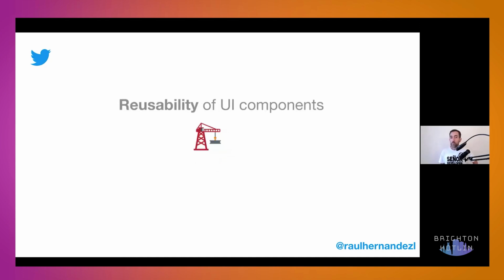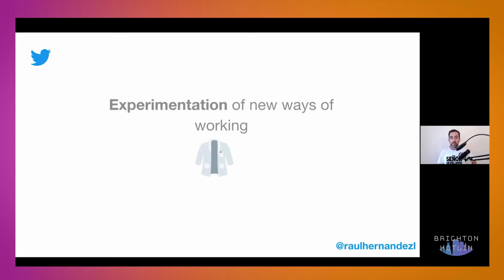Reusability of UI components, because you can create very generic components in Compose that can be very easily extended and added to the stack. This was super difficult to achieve with imperative UIs. So this is a great advantage of Compose, actually. With very few lines, you can create many generic things. And then finally, for me, experimentation with new ways of working.